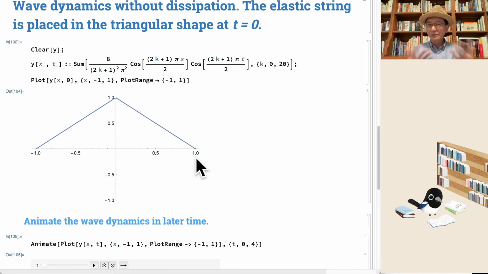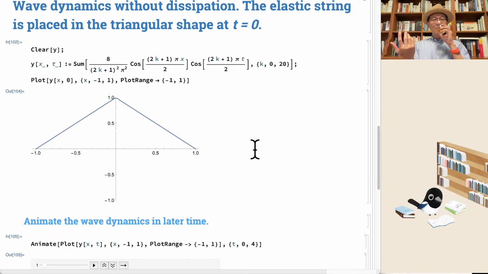Wave typically carries information, and you would really like to see how the shape of the triangular wave at the very beginning changes during this whole oscillation. You know after some time, due to symmetries, that this triangular shape will turn into the other triangular shape. But what about at other instants?